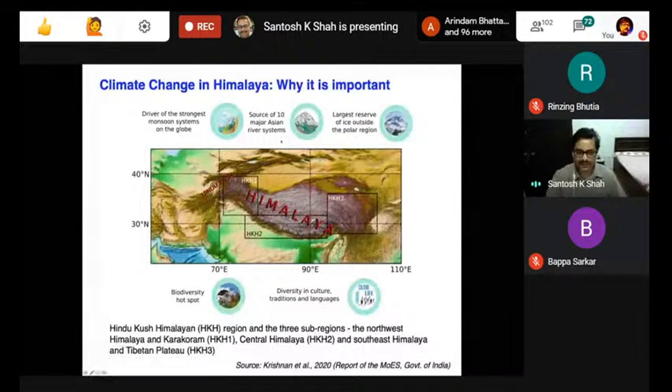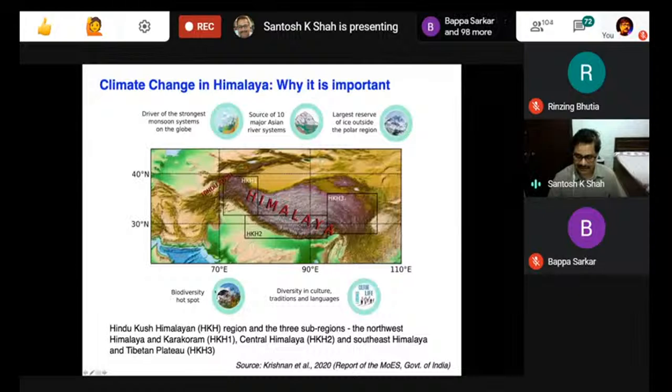Like the Antarctic, there are two polar ice caps, and this Himalayan ice cap, including the Tibetan Plateau, provides a freshwater body, and is also called the third pole. This is called the third pole of the globe.